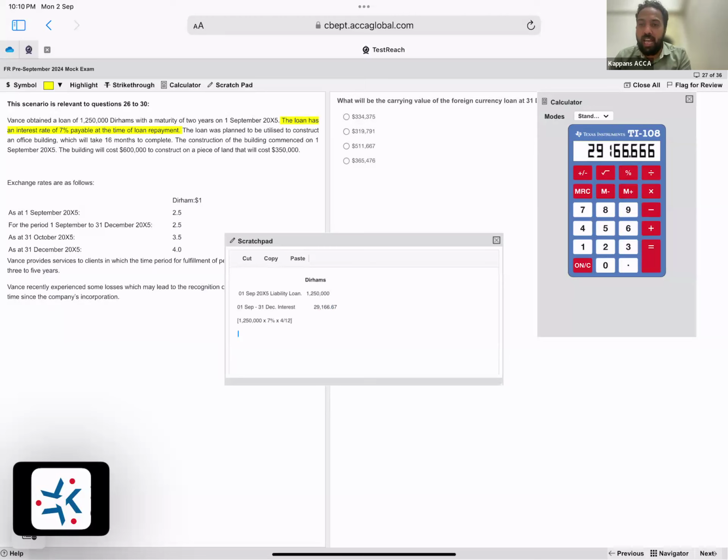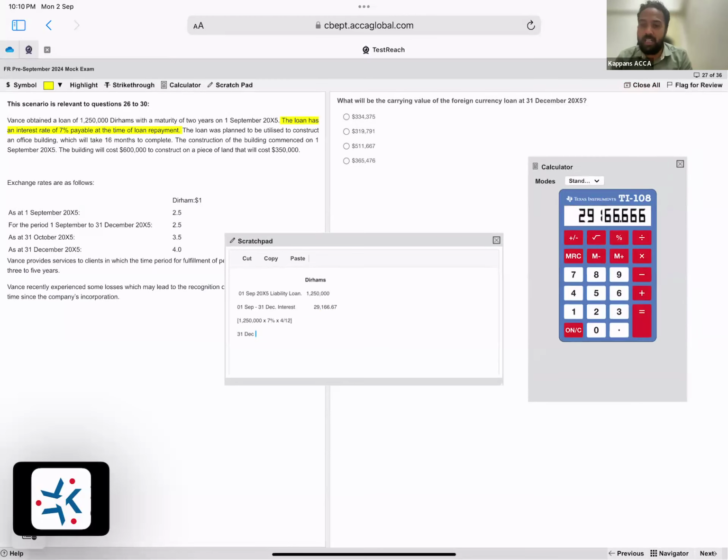So the total amount of liability on 31st December X5 will be 1.25 million plus 29,166.67.